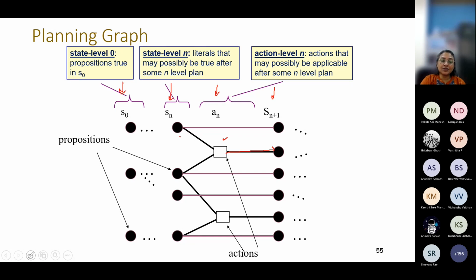No, it cannot be, because what did we say? Everything in Sn will be in Sn plus 1, plus additional propositions can be added, which are in the add list of the actions. So the size of Sn plus 1 has to be equal or larger than Sn. Is it clear?